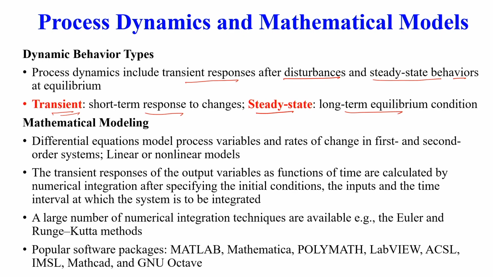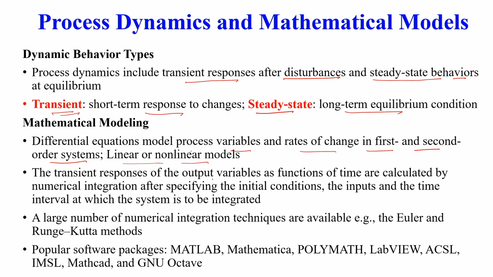Then next comes the mathematical modeling. They can be differential equations, model parameters and rate of change. It may be first order or second order systems, or linear or non-linear models.